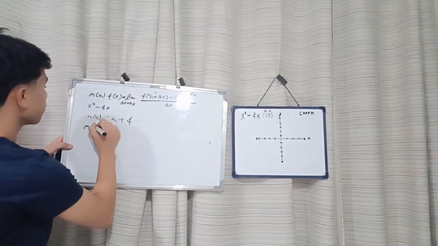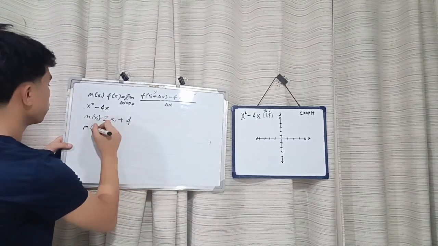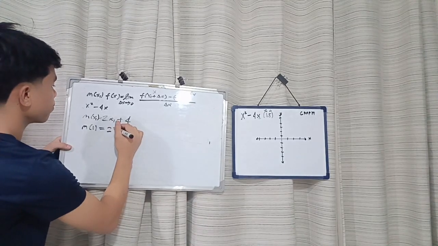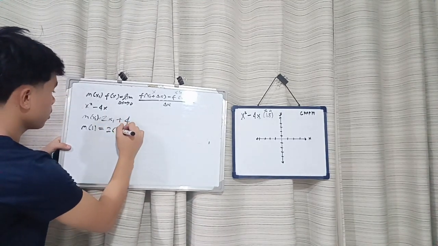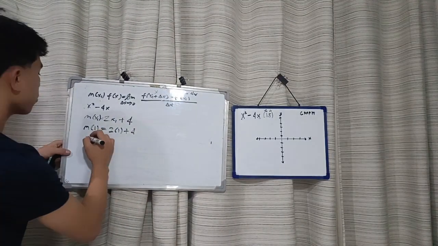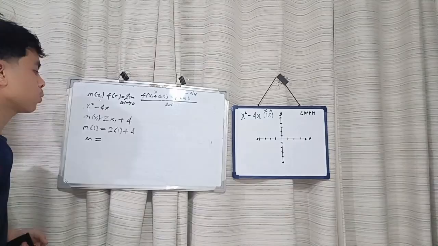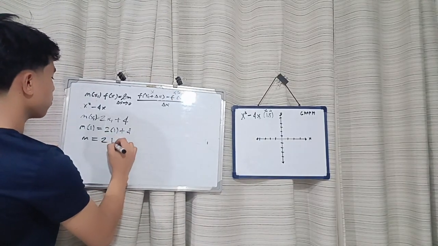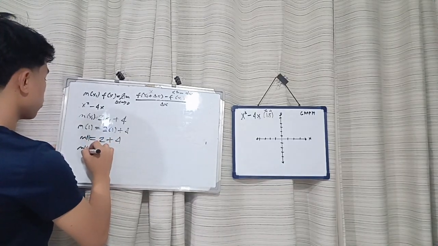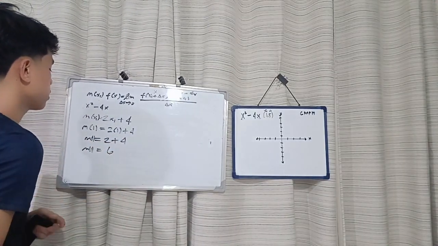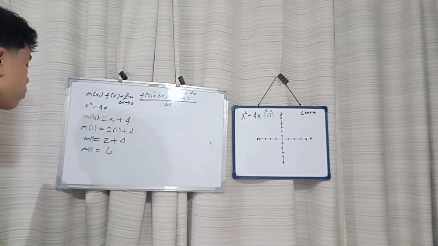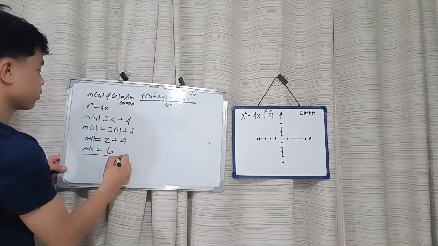So m of 1 equals 2 times 1 minus 4. So m of 1 is negative 2. This is your m.